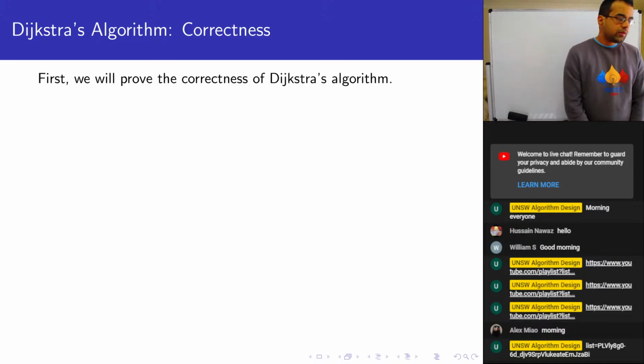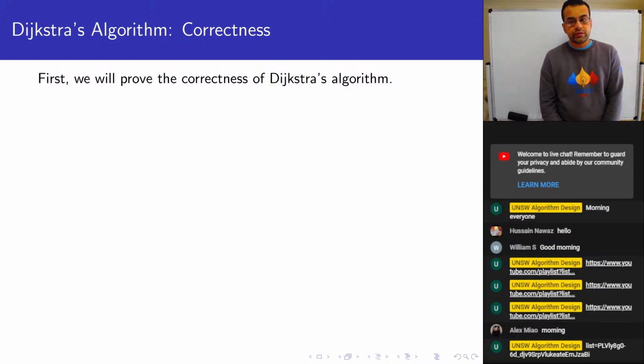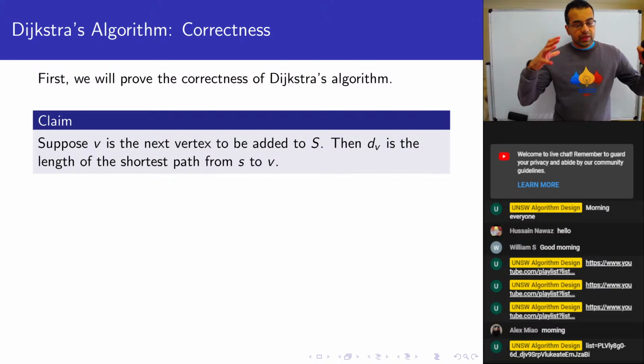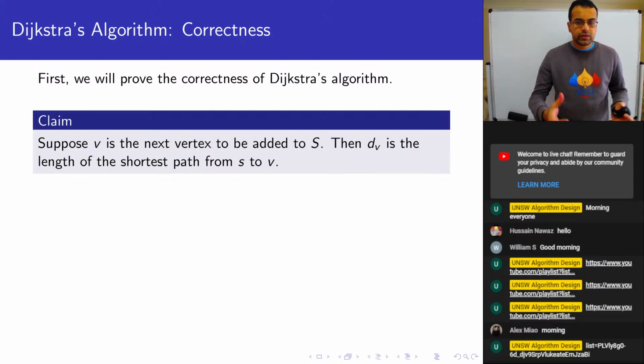So first, let's have a look at the correctness of the greedy idea, where we add one vertex at a time by choosing that which, outside of S, has the smallest dv value. The claim that we're interested in is, suppose we have some partial set S containing some of the vertices, and we're about to add a new vertex v.